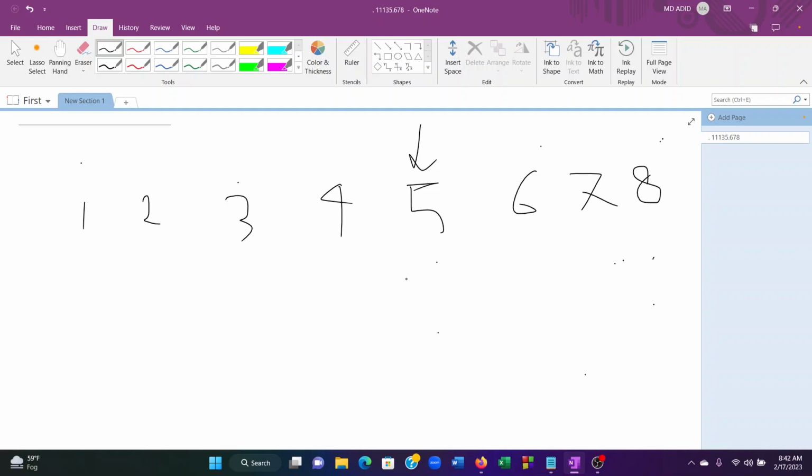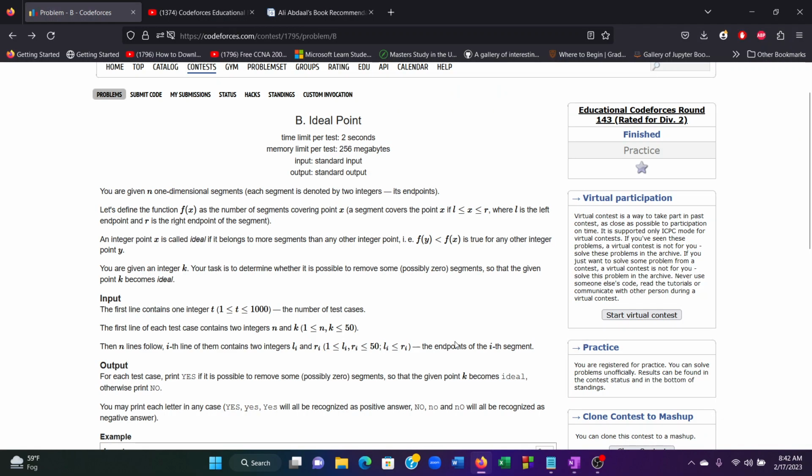Now, one question might arise that there might be several ideal points. No, we're not considering several different numbers to be the same ideal point. Our ideal point would always be only one point. So we're going to somehow have to manipulate the ranges to make our given k an ideal point, and we are allowed to do that. What we are allowed to do is reduce any number of the ranges that we're given.